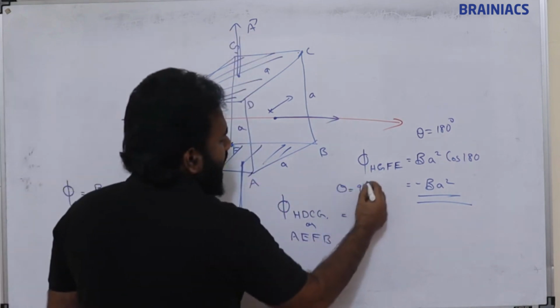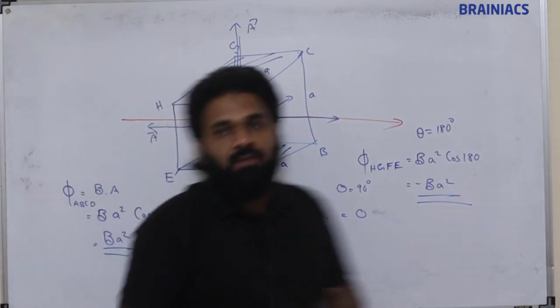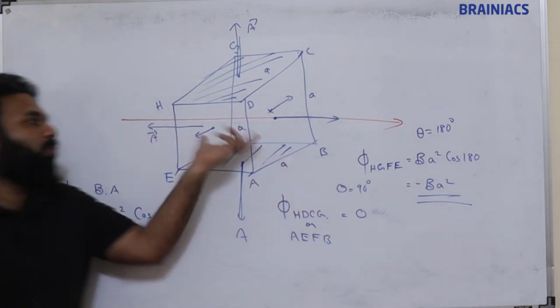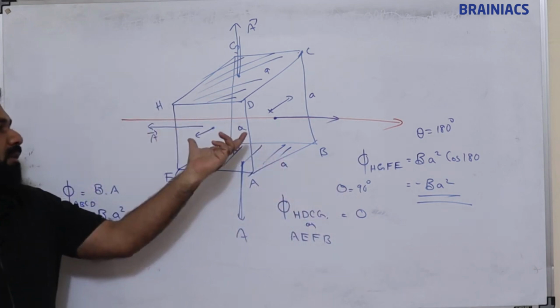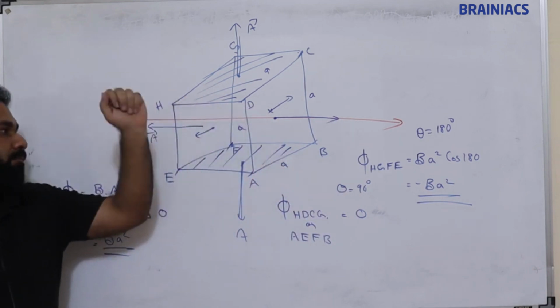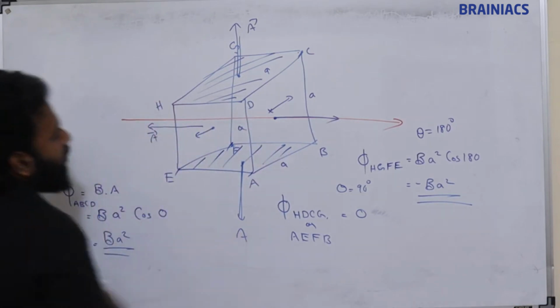Theta is equal to what? 90 degrees. So 0 will come. Cos 90 is 0, no other way. If we take a cubical box like this with a magnetic field passing through it, this is how we need to approach the flux for each side.